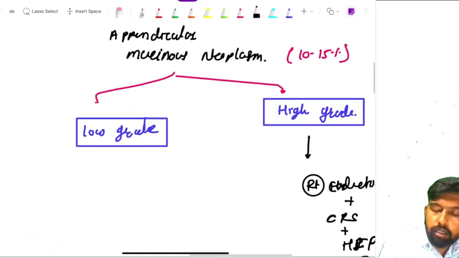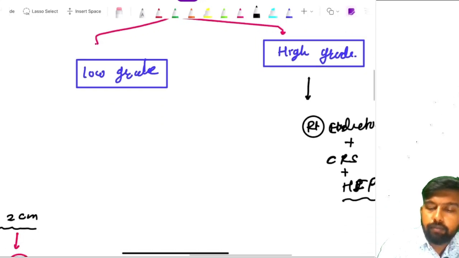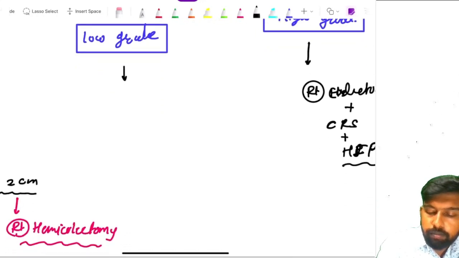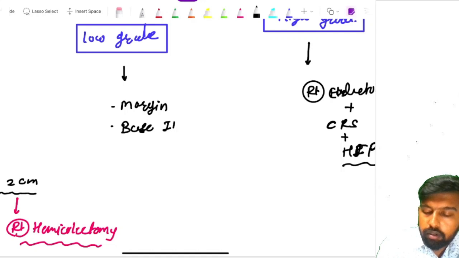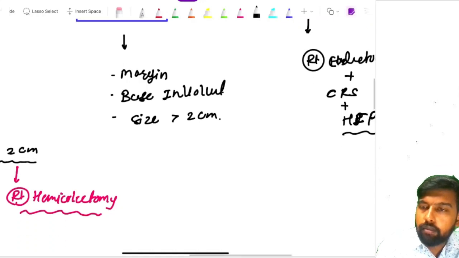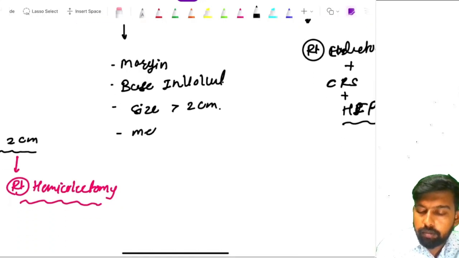Then in case of a low grade tumor, we should see whether the margin of the appendix base is involved or not. We should look at whether the size is more than 2 centimeters and the mesoappendix is involved.